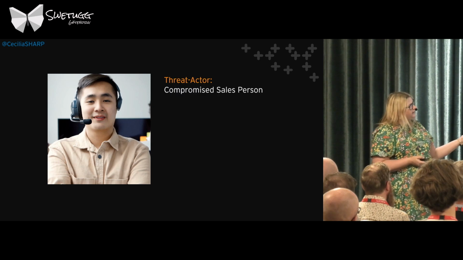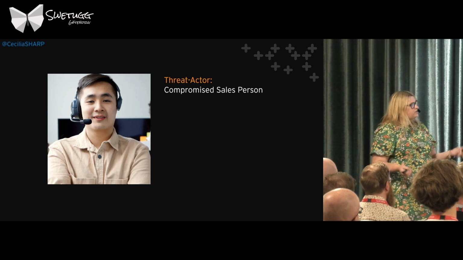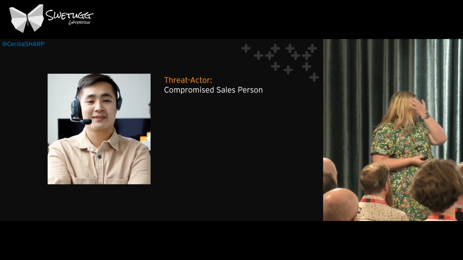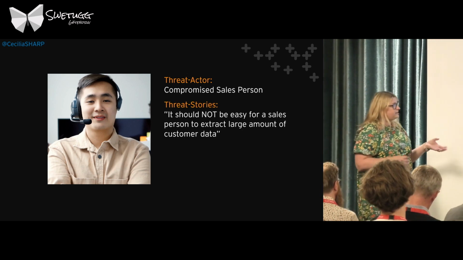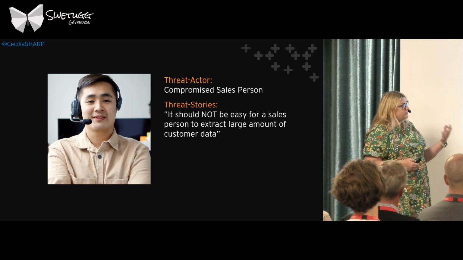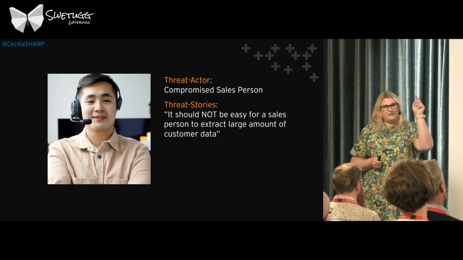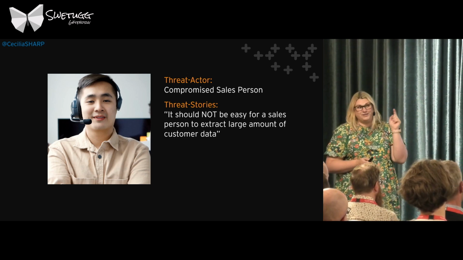In this case, we had this compromised salesperson. So instead of creating actors or personas, we're going to create threat actors, people that want to harm us in some way. And a story here could be: it should not be easy for a salesperson to extract large amounts of data. You know that button, extract all to Excel? Maybe we shouldn't allow that. At least we should track who uses it.